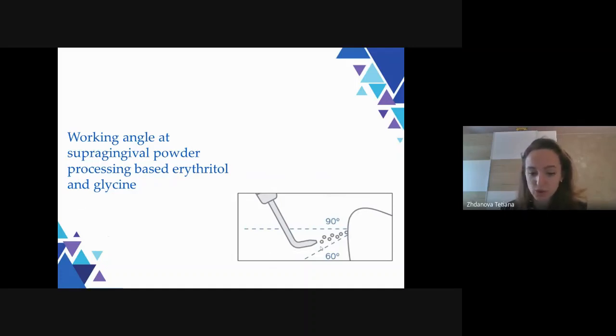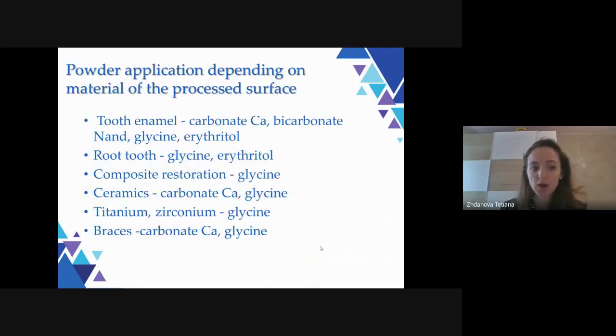The work angle. Powder application: for enamel choose calcium carbonate, sodium bicarbonate, glycine, and erythritol. For root choose glycine and erythritol. For composite restoration, glycine. For ceramics, calcium carbonate and glycine. For titanium and zirconium, also glycine.